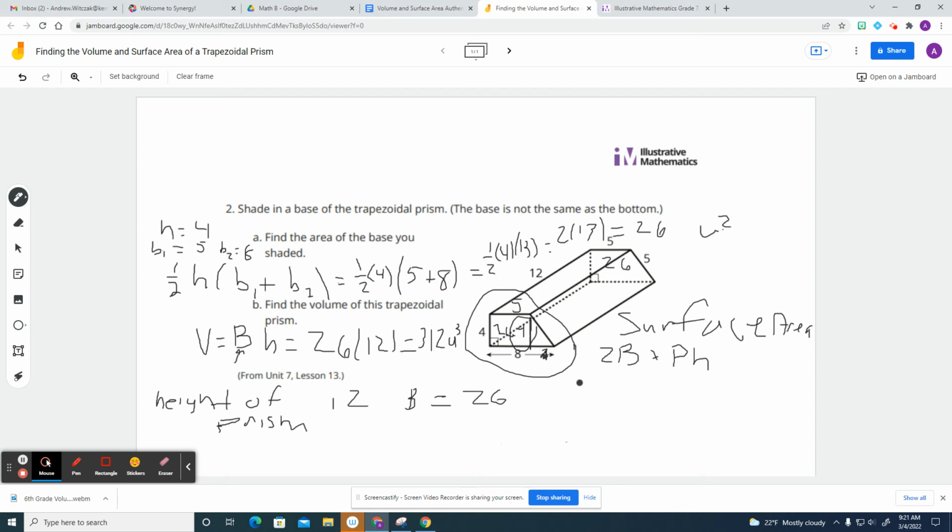Now, we're going to have to do a little bit of fanciness to figure this out. So first of all, I'm going to have to solve for the perimeter. So the perimeter of the trapezoid is 5 plus 4 plus 8 plus 5, and if you notice over here, this is 5. Adding those up gives us 22.